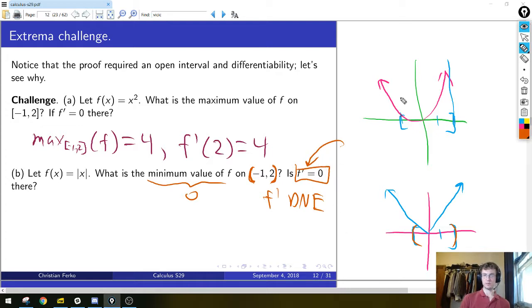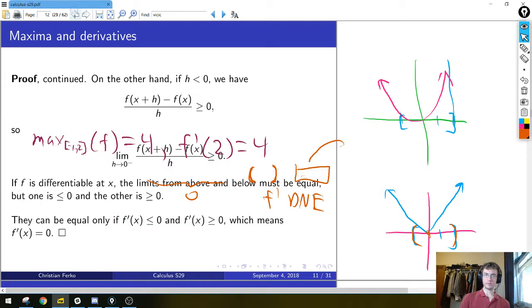So why can we not apply the theorem to conclude that the value of the derivative must be 0 at this minimum? Have we assumed that for the range AB that f of x is C1? Yeah, we explicitly assumed it's differentiable. So let me go back to the statement of the theorem.